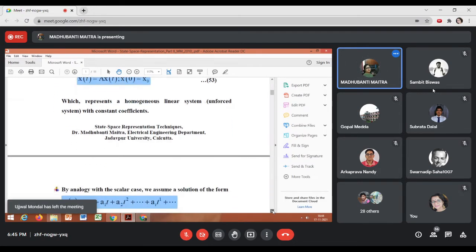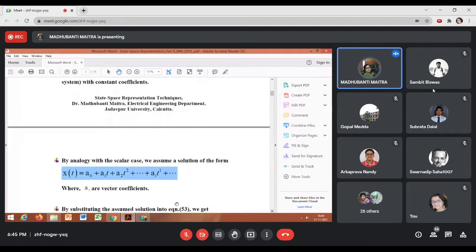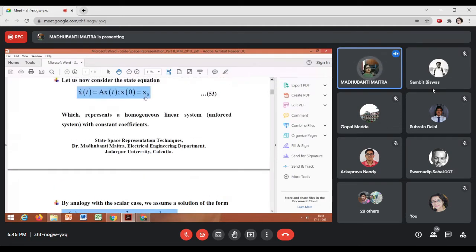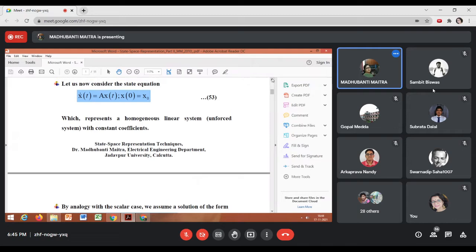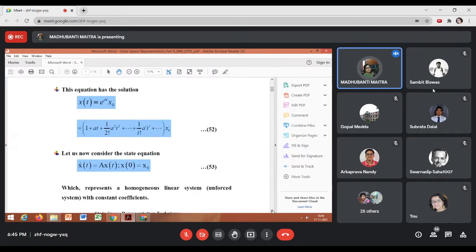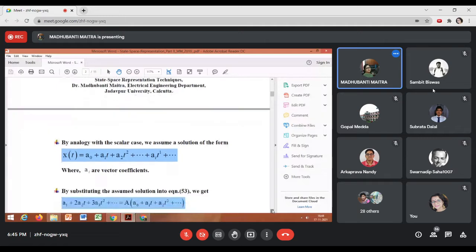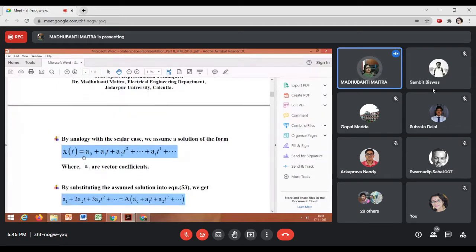Now, by analogy, we can assume that the solution x(t) for this equation x dot is equal to A x(t), look at this equation, and from analogy we can claim that the solution x(t) will be equal to a0 plus a1 t plus a2 t squared plus dot dot ai t to the power i, a power series.